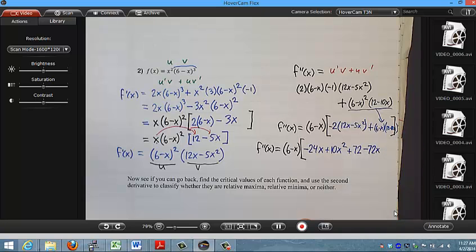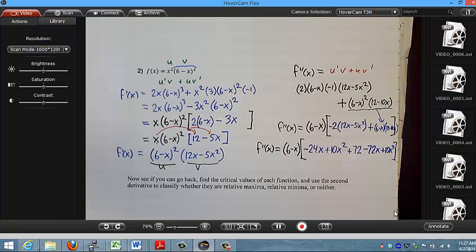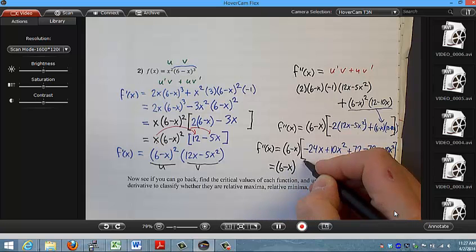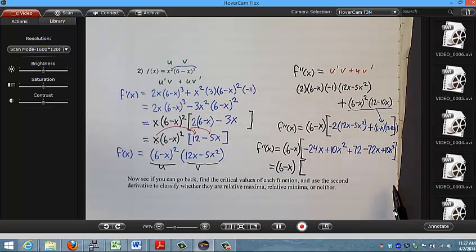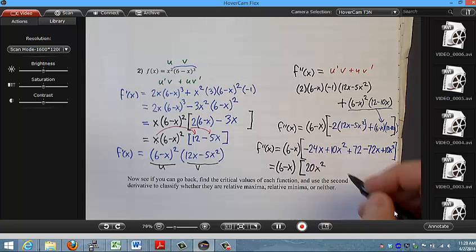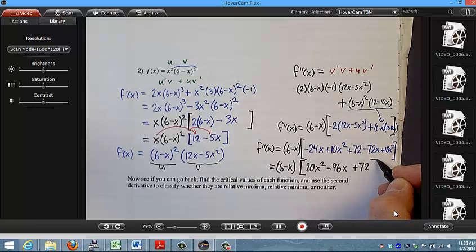And then here I get plus 10x squared. That's nuts. Wow. Okay. So I really get 6 minus x times 20x squared. Now 72 and 24 is minus 96x plus 72. Holy mackerel.